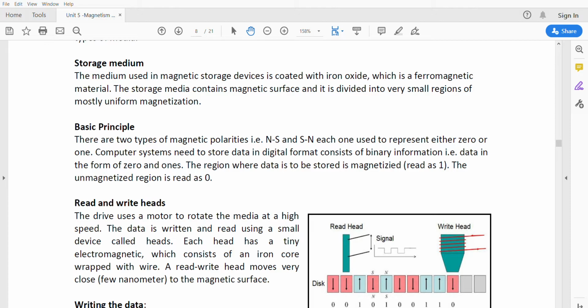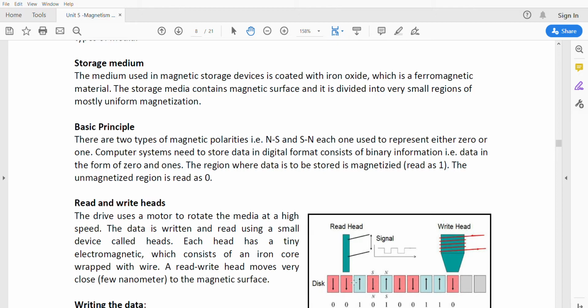Here we can see that a disk is coated with iron oxide, which is a ferromagnet having strong magnetism, and every space on this disk can be divided into small regions.